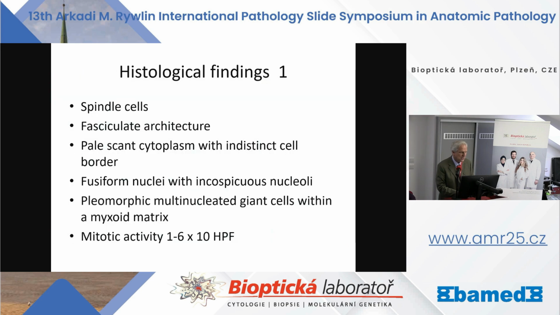So, in summary, we are dealing with a tumor with spindle cells, fasciculate architecture, pale scant cytoplasm with indistinct cell borders, fusiform nuclei with inconspicuous nucleoli, and the presence of pleomorphic multinucleated giant cells within a myxoid matrix. The mitotic activity is very low, perhaps less than 1.